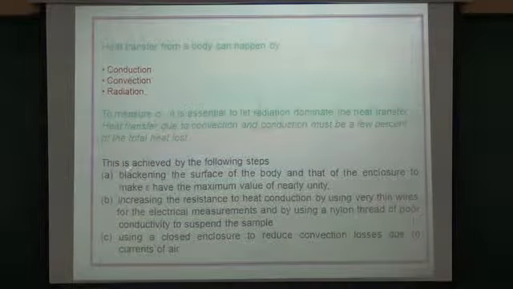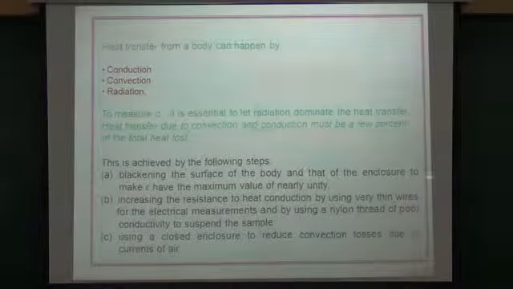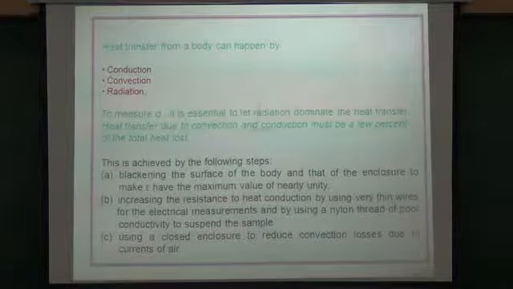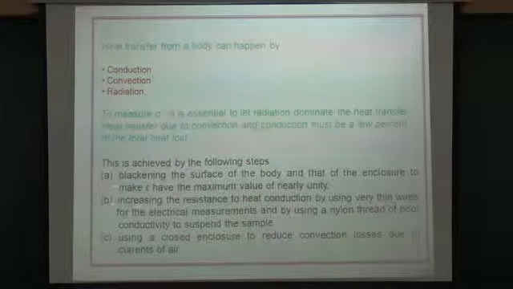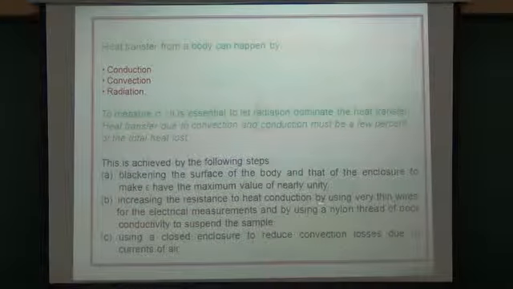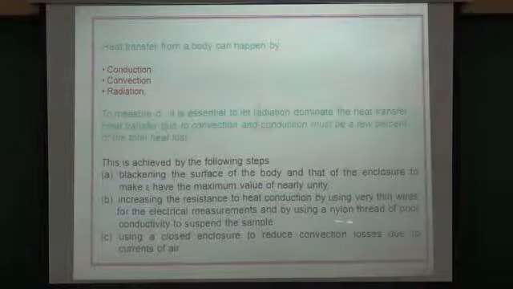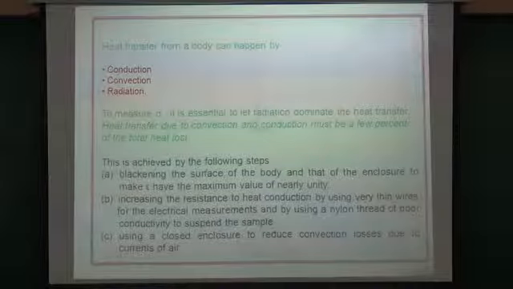One, we can blacken the surface of a body and that of an enclosure to make epsilon have a maximum value of nearly unity, not equal to unity. Secondly, we can increase the resistance to heat conduction by using very thin wires for electrical measurements and by using a nylon thread of poor conductivity to suspend the sample.